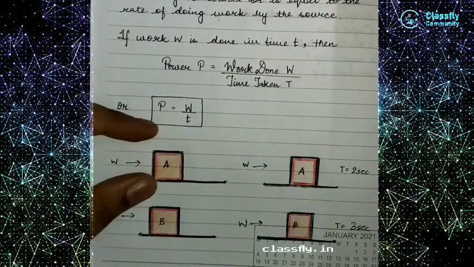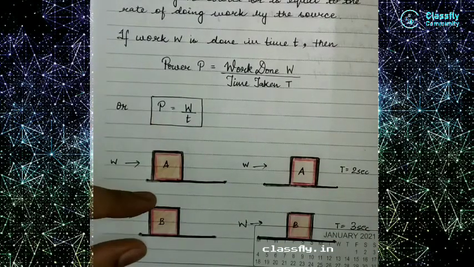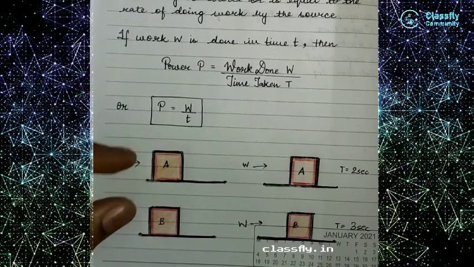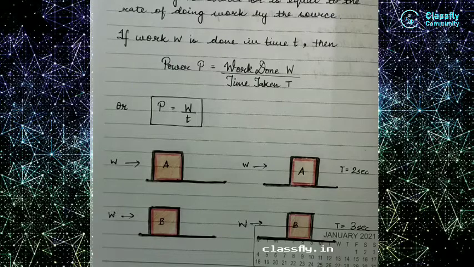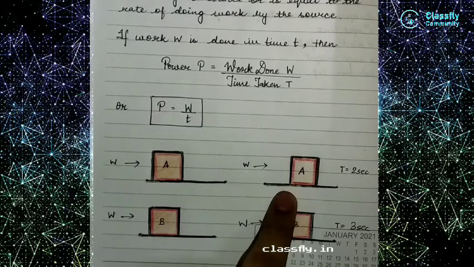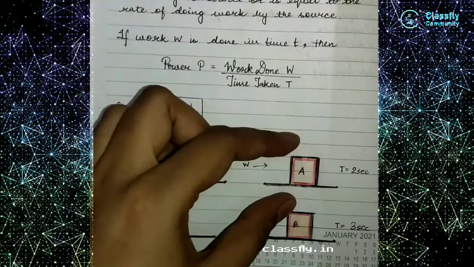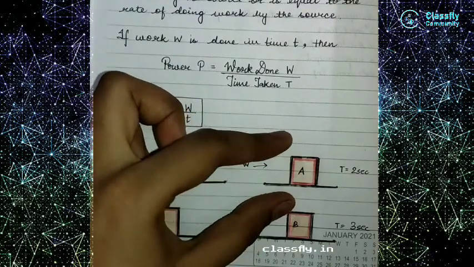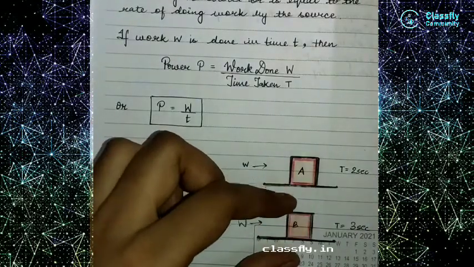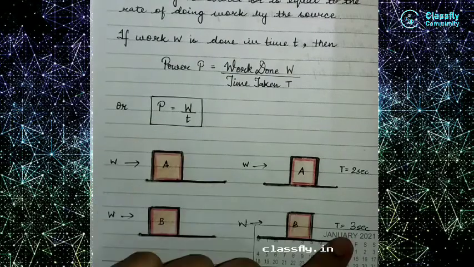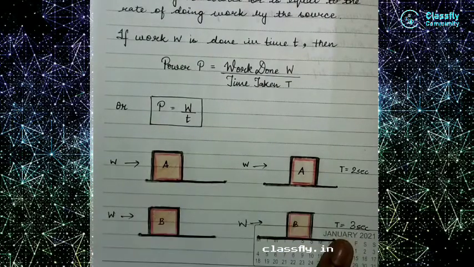Think that this is an object A and this is an object B, and work is done on both objects. The work is that they are pushed and moved to a certain distance, as you can see in both pictures. The time taken by object A was 2 seconds and the time taken by object B was 3 seconds.